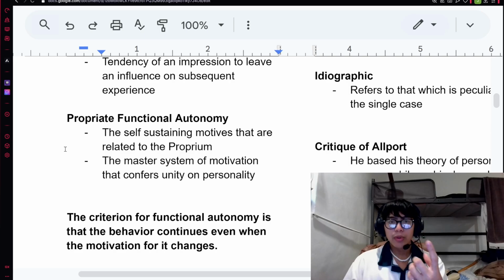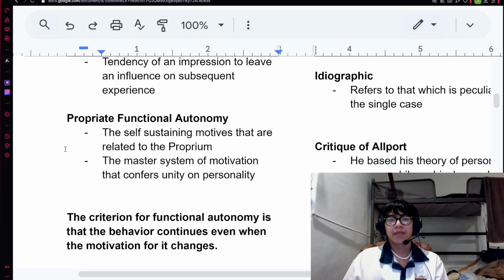So before, the motivation was, I'm poor, so that's why I'm doing this. But now that kind of motivation has been fulfilled, he's not poor anymore. He's gone past that. Now his motivation to do what he's doing, so basically saving money and hoarding, is just because I feel the need to do it now, because I've done it for so long. That's what appropriate functional autonomy is.